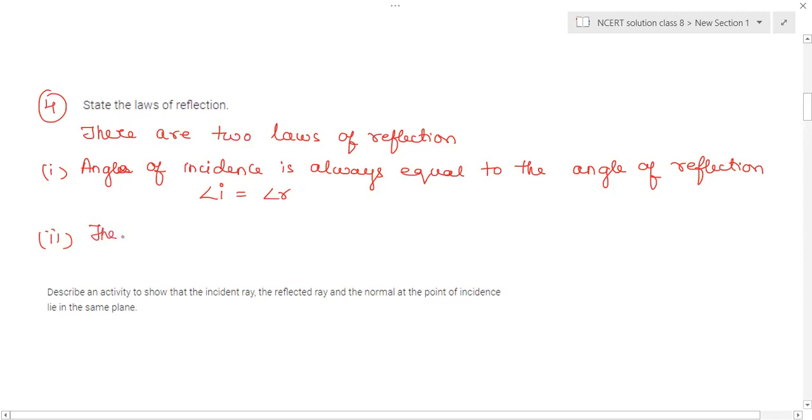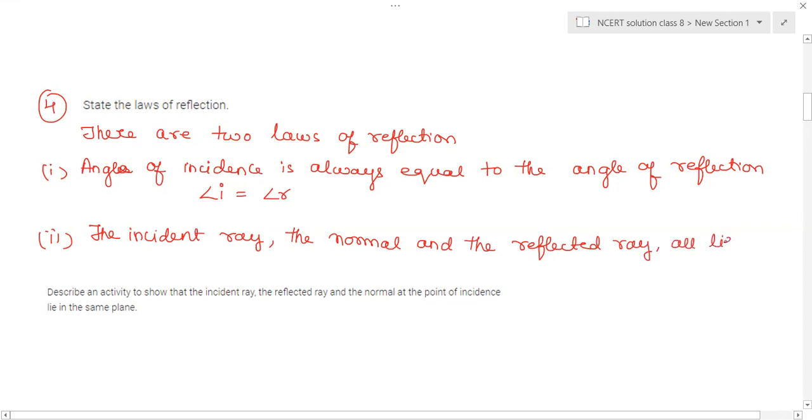The incident ray, the normal, and the reflected ray all lie on the same plane.